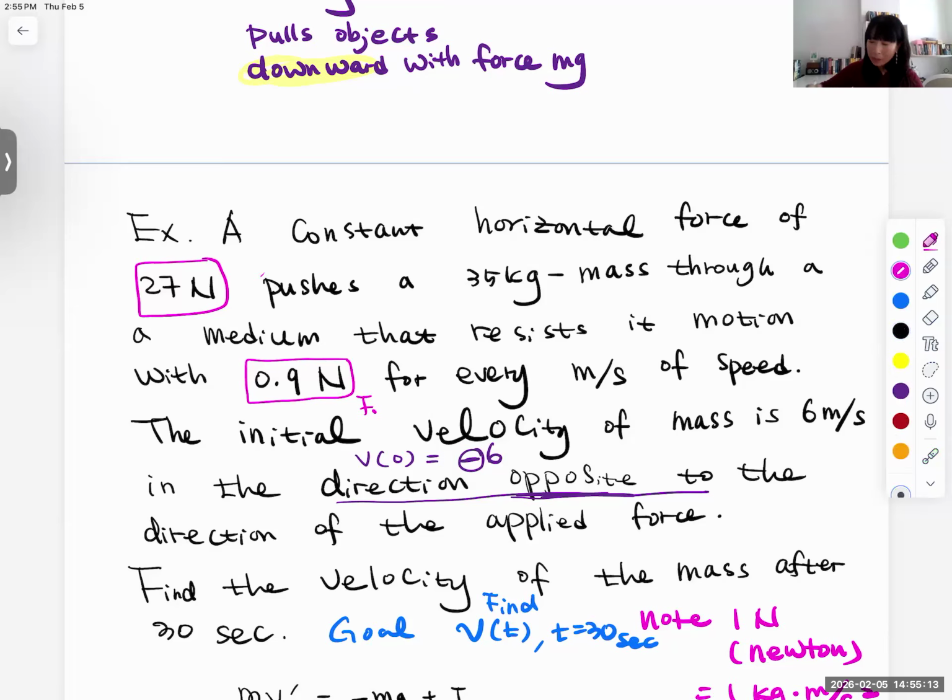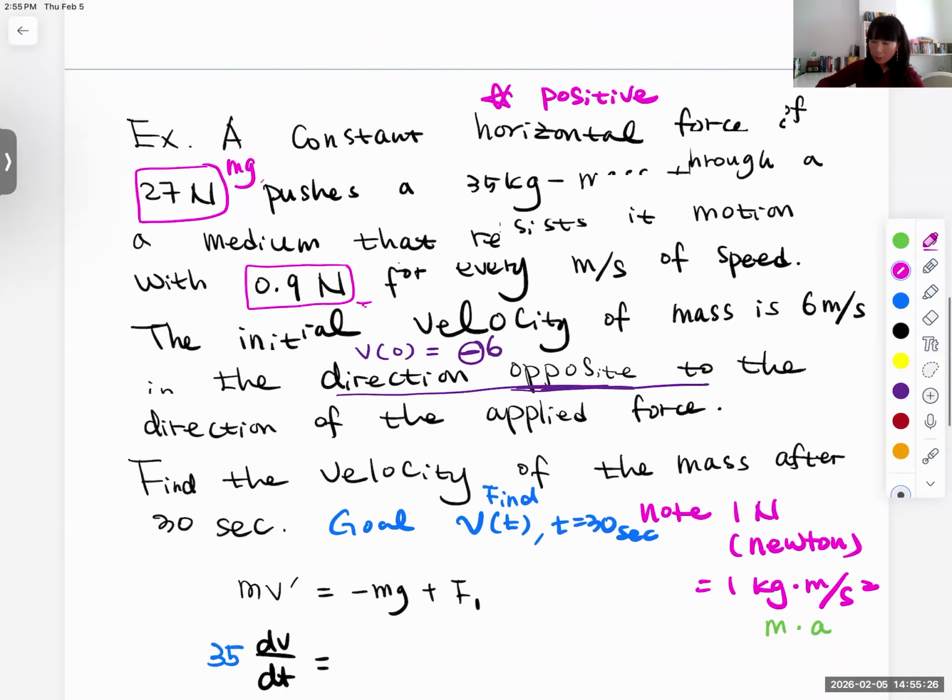But this is horizontal, not downward, so we are using positive.